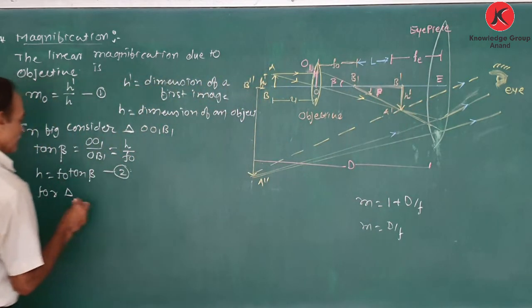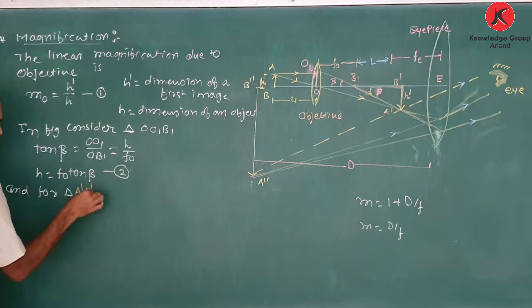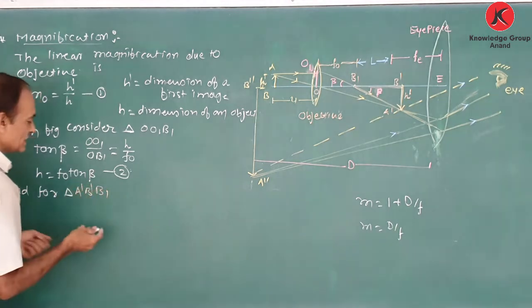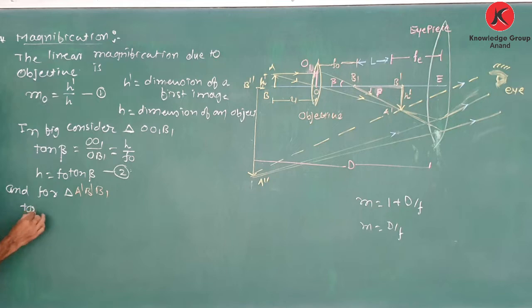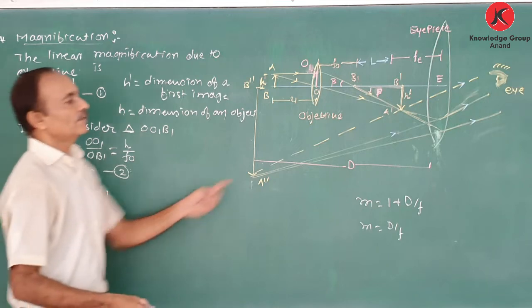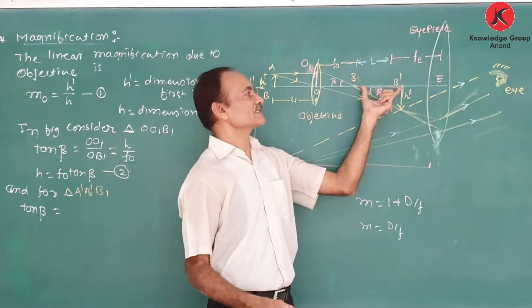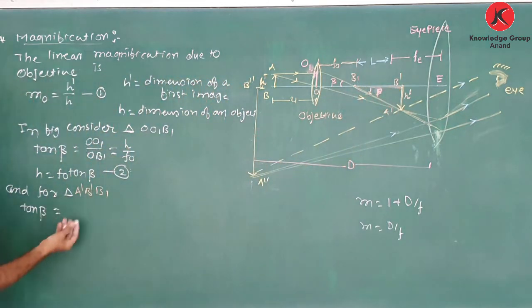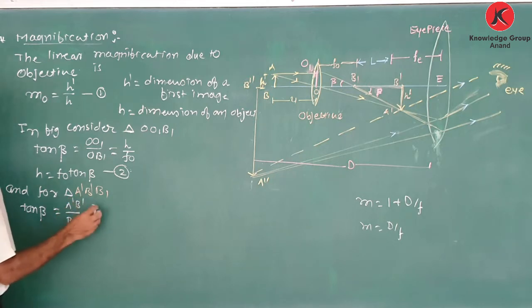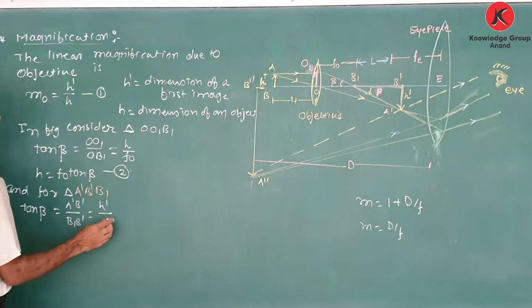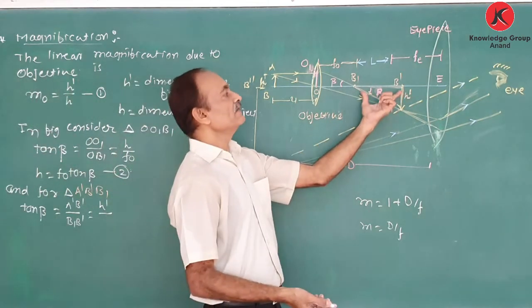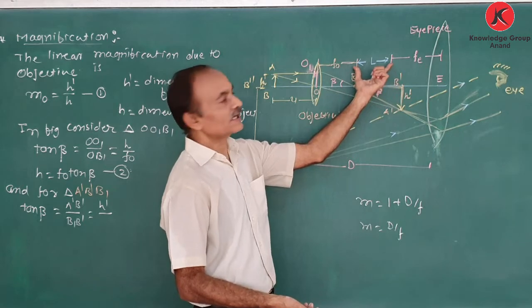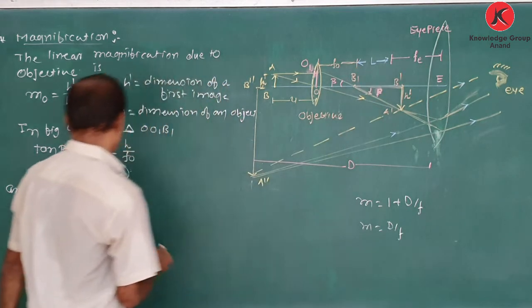Again the angle is beta, therefore tan beta is equal to A'B' upon B1B'. B1B' is the tube length of a telescope.